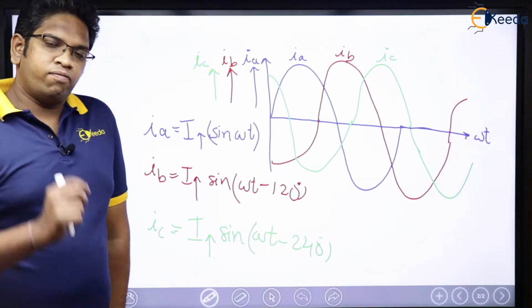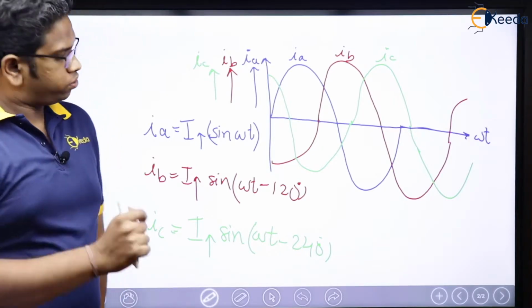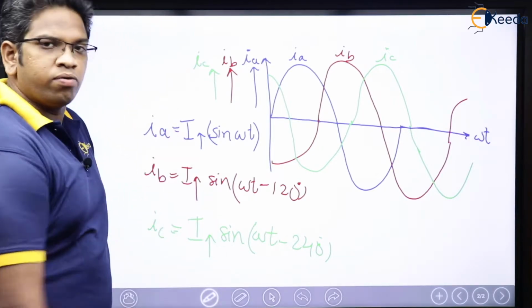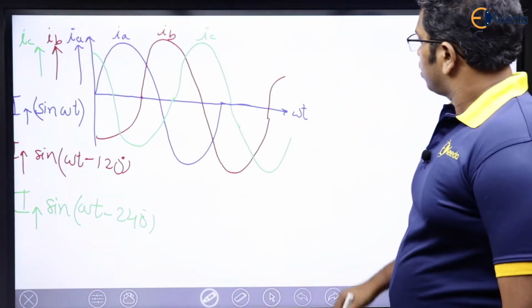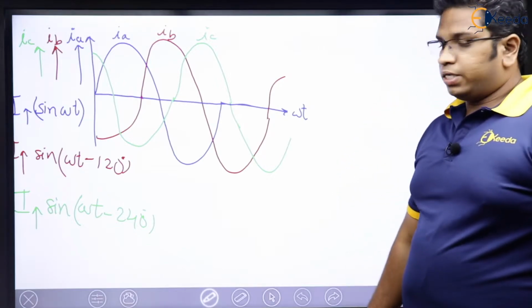Now we need to know some observations of such three phase waveforms. Let us take some time instants.